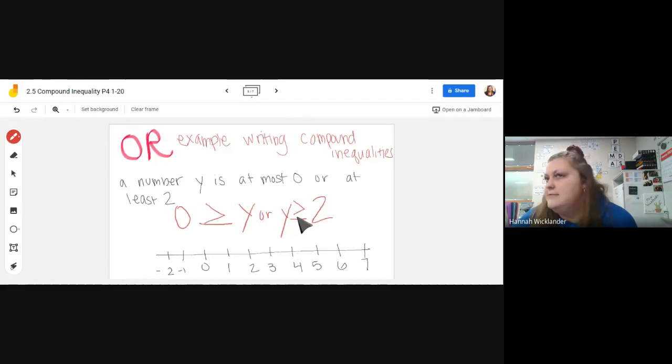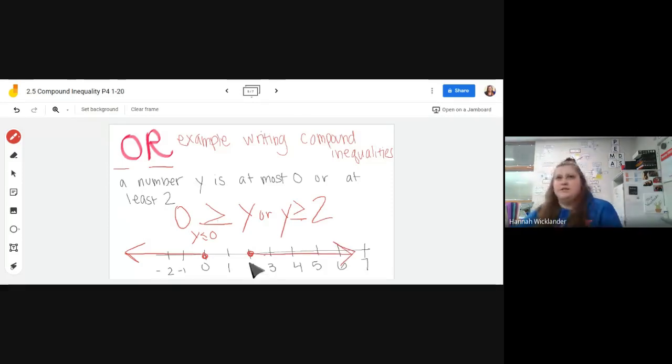That makes sense. So now I'm going to graph these each separately, and since it's an or, they should be going opposite ways. So they are going separate ways, so I knew I did it correctly.